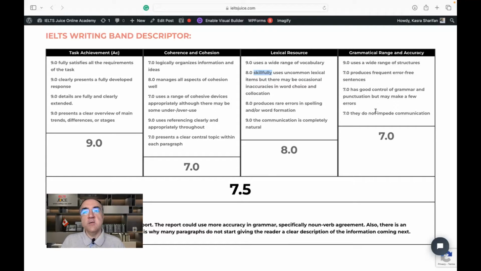And that part that is not natural is grammar and grammatical range and accuracy. There were a few punctuation errors that could be better, and some sentence structures, again, that should have been there to just help it sound more natural. If those were considered, again, the score would have been higher.